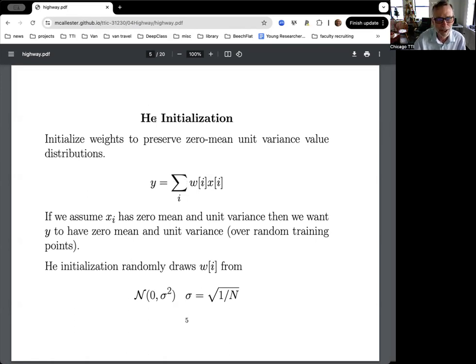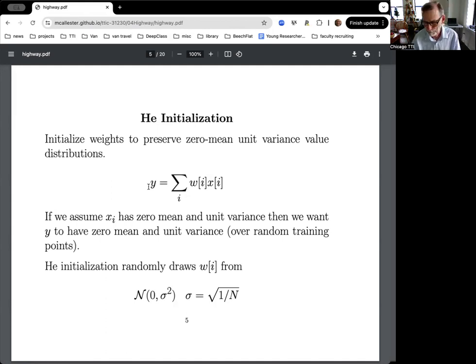So in He initialization, this is the standard initialization still used, we're going to initialize the weights to be Gaussian random variables, drawing values from a Gaussian. The important point is that the standard deviation of that Gaussian is going to be 1 over the square root of n. And that is the so-called Goldilocks value, where the values of the network remain order 1 throughout all the layers of the network.